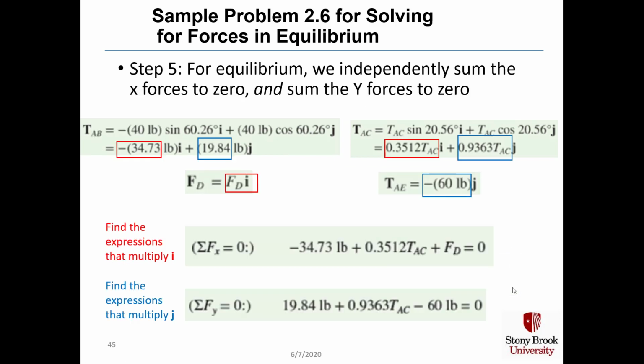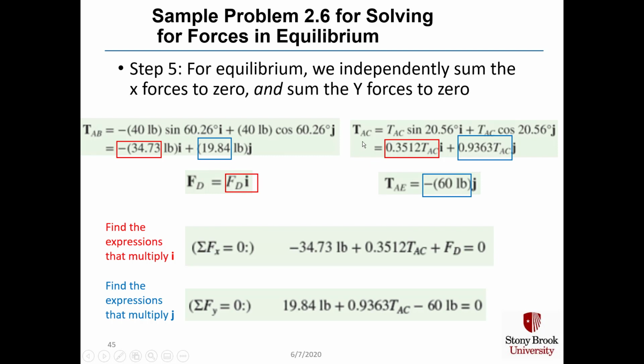In step 5, we can independently sum our x forces to 0 and our y forces to 0 because we're operating under the principle that the forces are all in equilibrium. T sub AB has an x component, which I highlighted in a red box, of minus 34.73, and a y component highlighted in a blue box of 19.84.